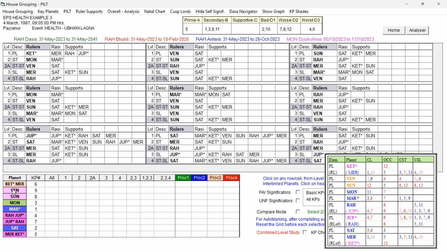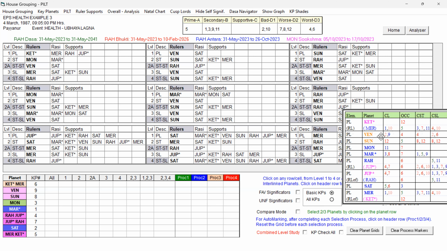And you can see the colors given by the software. These key planets colors also we can use for identification of the planets, or we can use these manual colors which we have given. Because we already gave these colors in the previous video, let us use the same colors for this PILT table analysis.